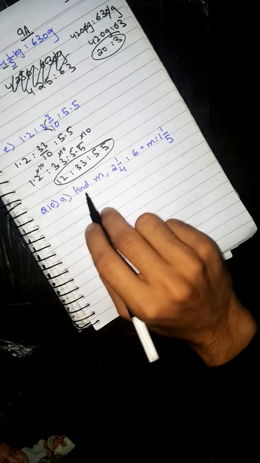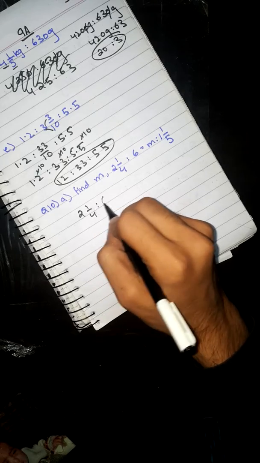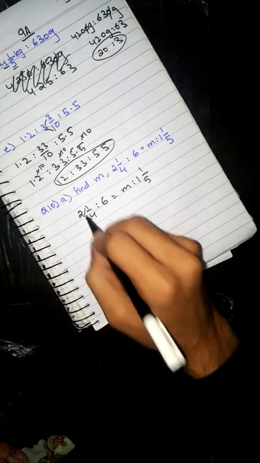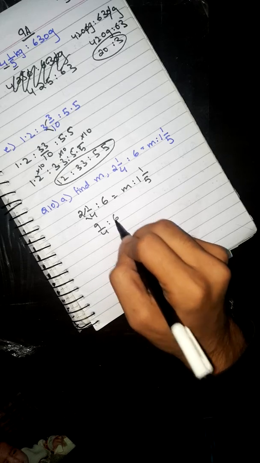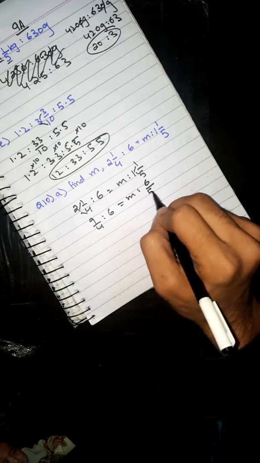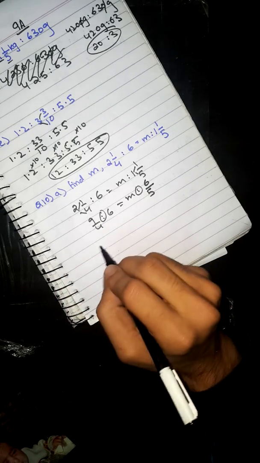Next we have find m when 2 whole 1 by 4 ratio 6 is equal to 5 ratio 1 whole 1 by 5. So 9 by 4 ratio 6 is equal to m ratio 5 6 by 5. The ratio sign is equivalent to the division sign.